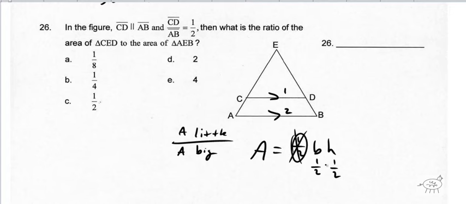That's why the ratio is not just 1/2. That would be almost too easy, right? They're not going to give you a really easy problem. So the base is 1/2 of it, and the height is 1/2 of it. And if you multiply 1/2 times 1/2, you get 1/4. And that's why that ratio is B, 1/4. Okay, a little tricky.